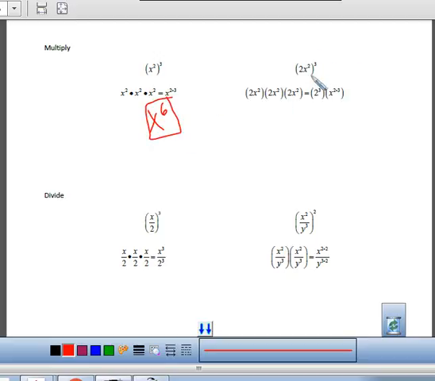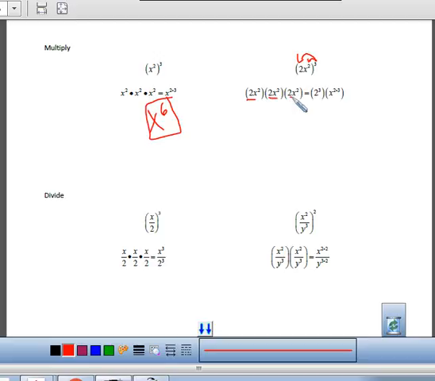Alright, so over here, now what you have to be careful of is if there's more than one variable or if there is a coefficient of the variable, then that exponent, it's almost like the distributive property, it's going to go with everything inside the parentheses. So one way to write 2x squared raised to the third power is 2x squared times 2x squared times 2x squared.